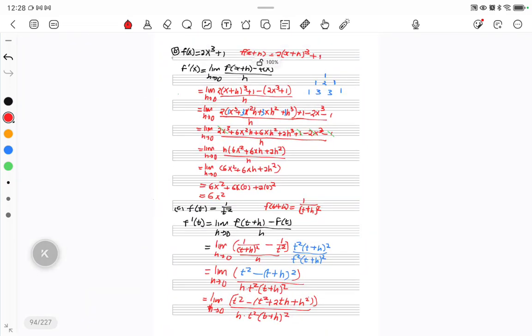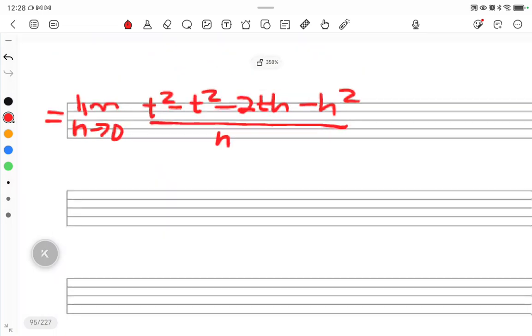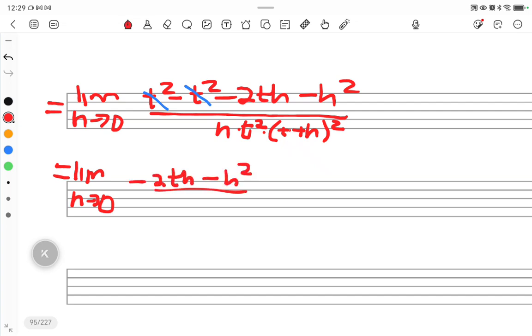Yeah, something like this. Then on the denominator we have times t squared times t plus h all squared, and this would be the limit as h approaches 0 of t squared would cancel t squared, then we're left with minus 2th minus h squared all over h times t squared times t plus h all squared.